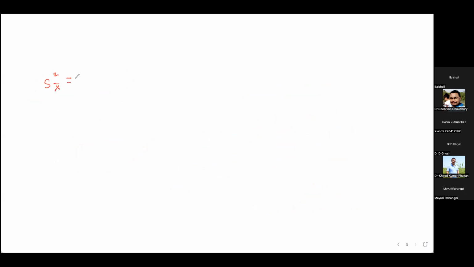As we are going to calculate the variance, it will be the summation of X bar minus X double bar whole square divided by k minus 1. Now, what is this? This is what we have calculated, 5, the upper part.